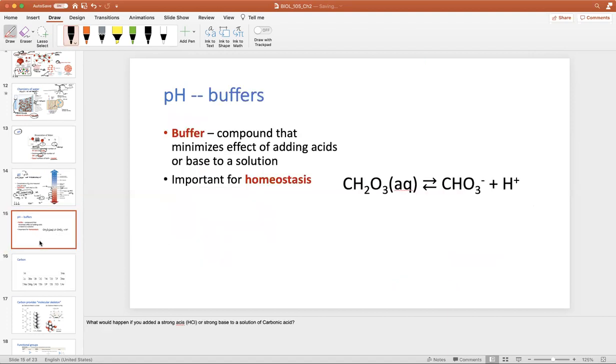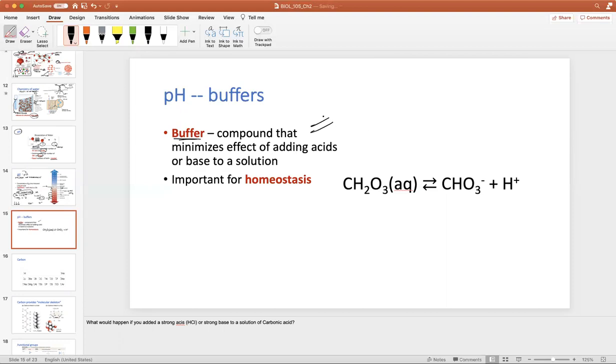All right, now I mentioned that acids and bases, particularly acids, the number of hydrogen ions, can really mess with your cellular chemistry, okay? So cells really try to regulate the acidity of their environments, okay? And they do that using something called buffers. So what is a buffer? It's a compound that minimizes the effect of adding acids or bases to solution.